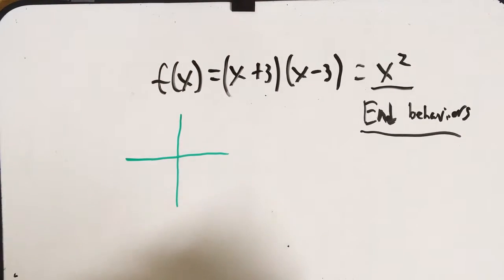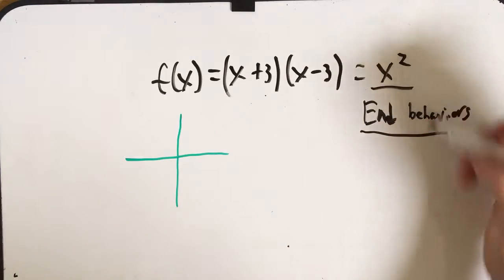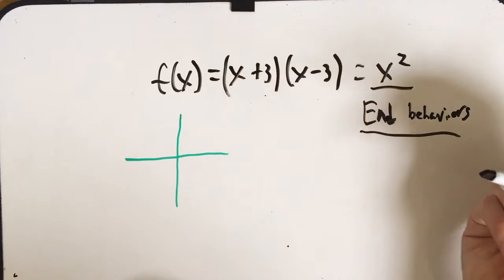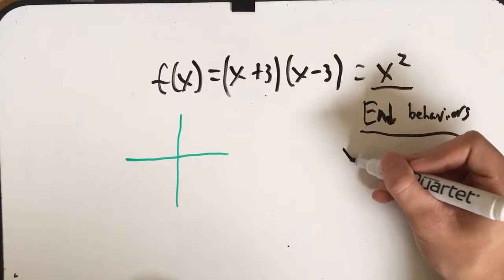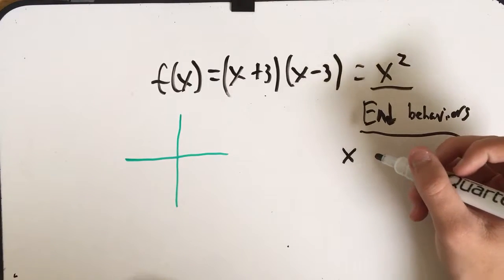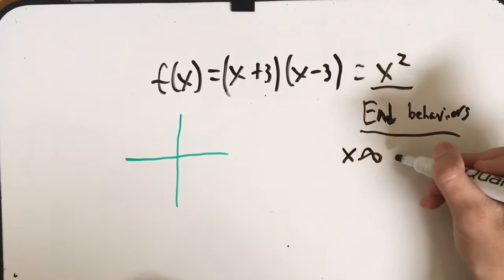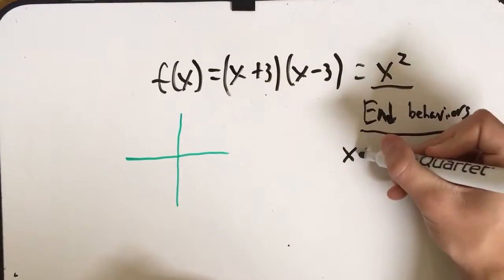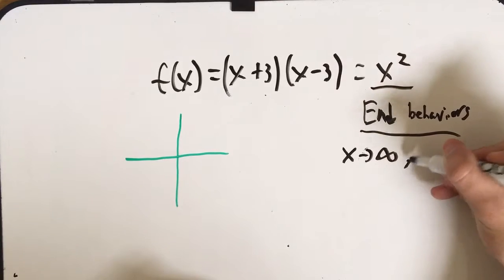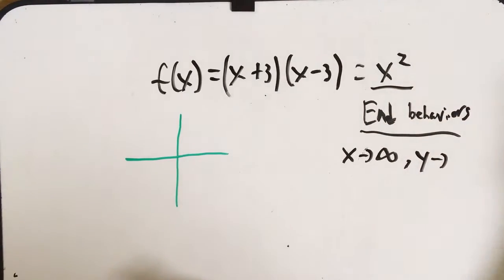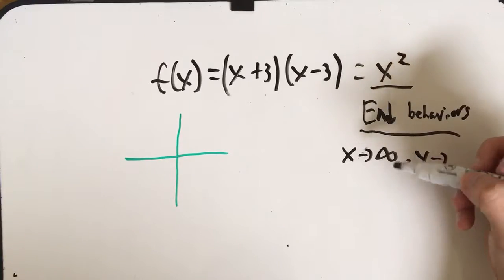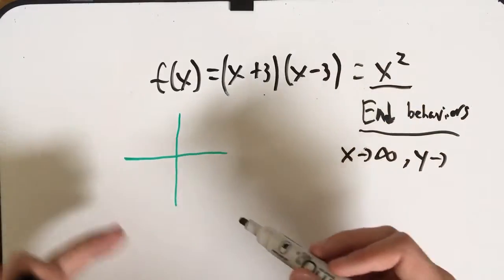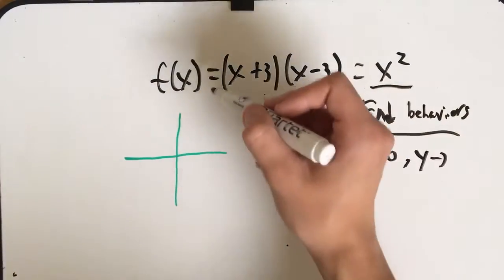So what we know is that it's an x to the 2, which will tell us that if you plug in a number, let's say positive 1, so if x goes to infinity, then y is going to equal, since we know it's an x squared, if we put in a positive number, as it goes this way, then y is either going to go up or down.